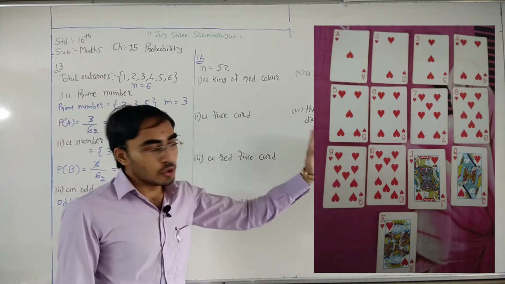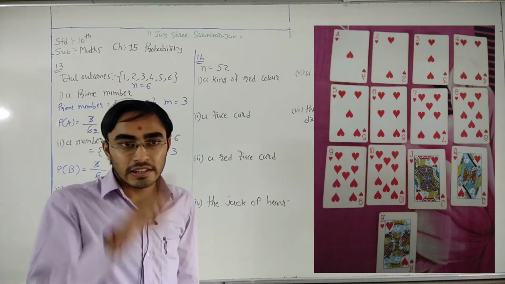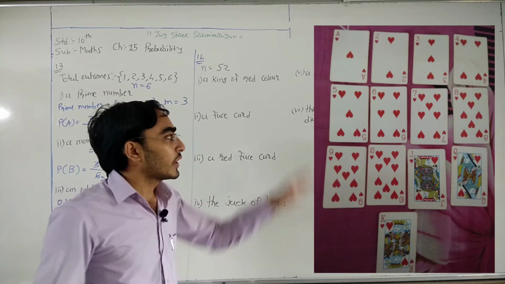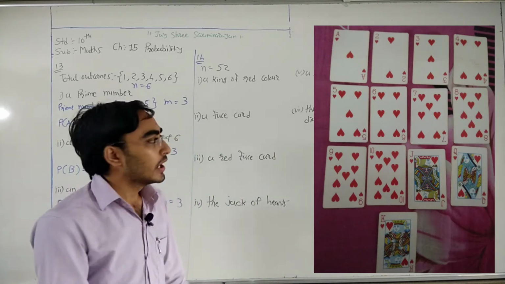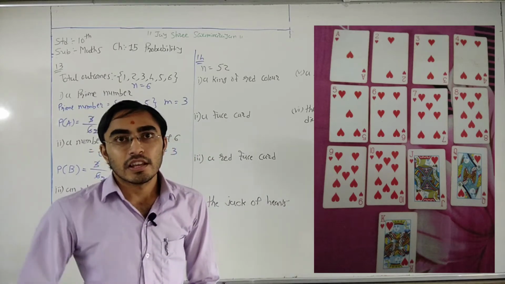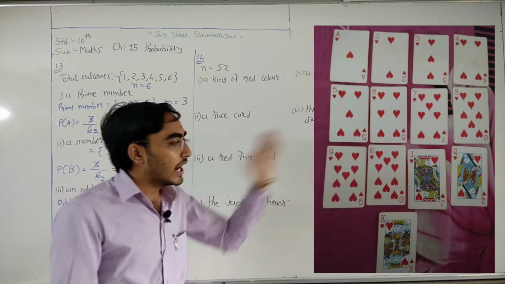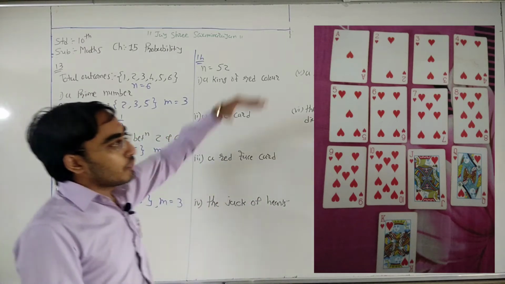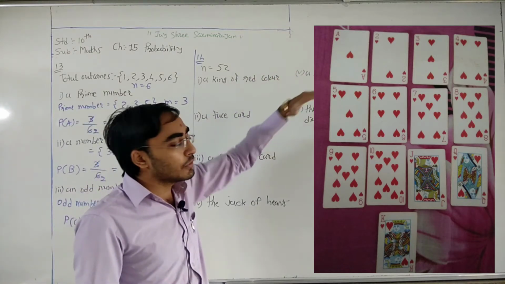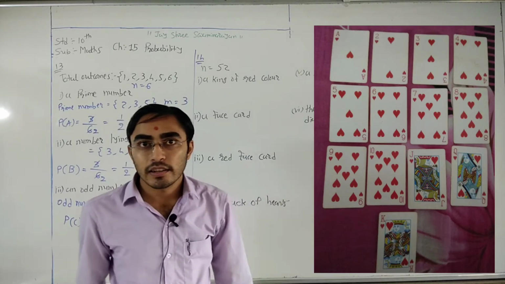After that 2, 3, 4, 5, 6, 7, 8, 9, 10. Then Jack, after that Queen, and after that King. Okay, King, Jack Rajkumar and Queen Rajkumari, right? So first of all, A for Ace, 2, 3, 4, 5, 6, 7, 8, 9, 10, Jack, Queen, King.